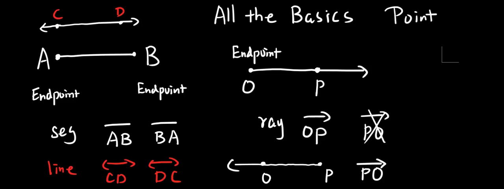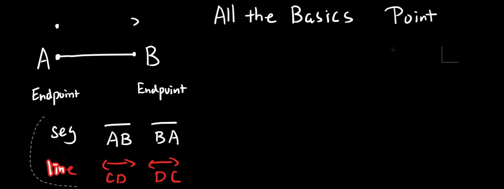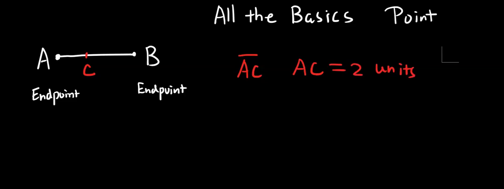Let's continue talk about the 2 points. We go back to this line segment. I have a line segment, and I can use a rule called a segment addition postulate. What does it mean? It means this. I'm going to call it a C. If I say segment AC has a distance AC is 2 units.